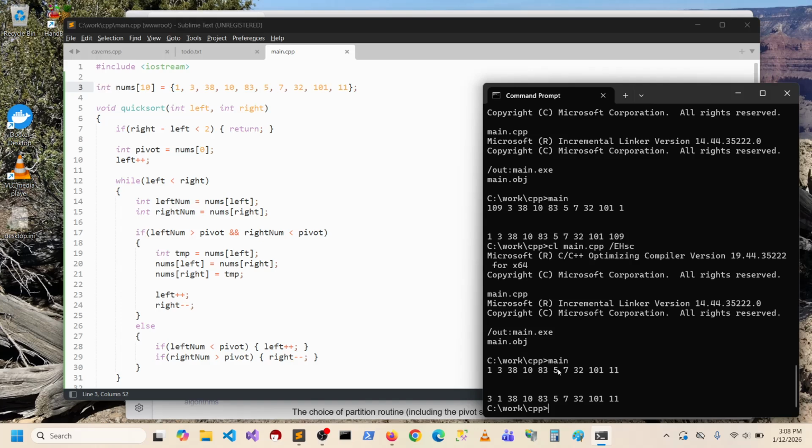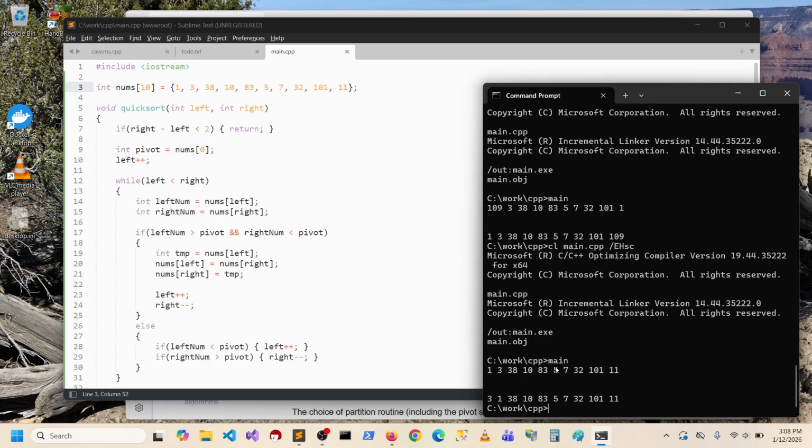1, 2, 3, 4, or maybe not. Yeah, because it goes here. 1, 2, 3, 4. So they both end up at 5 when they meet, and nothing's been swapped.